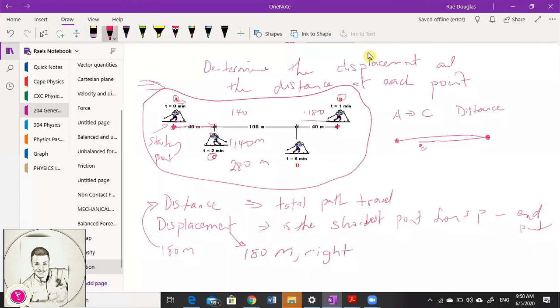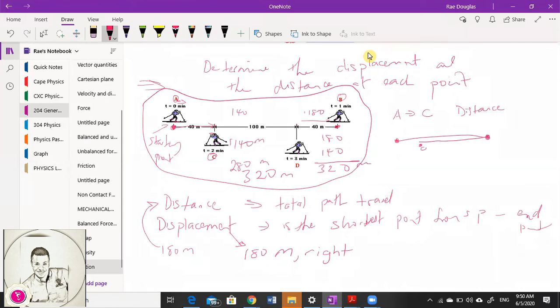Is that correct now? No, it won't be 280. I think it's 320, because 180 plus 140, right? Help me out with the maths, guys. Sir, you're right. Yes, exactly. So this is the total distance that the guy traveled.